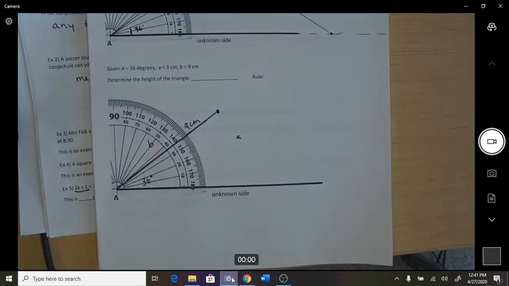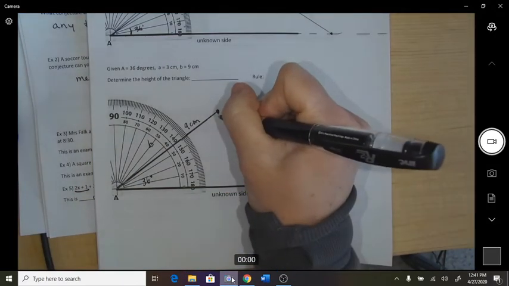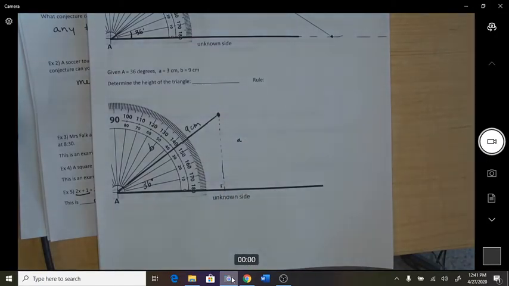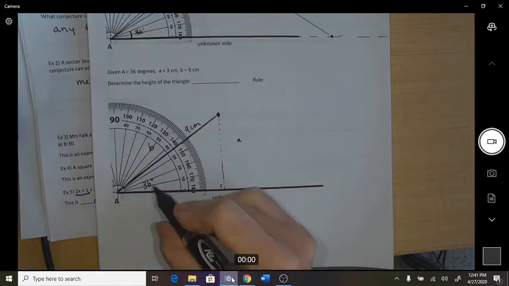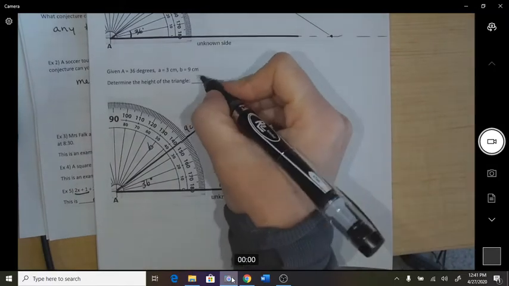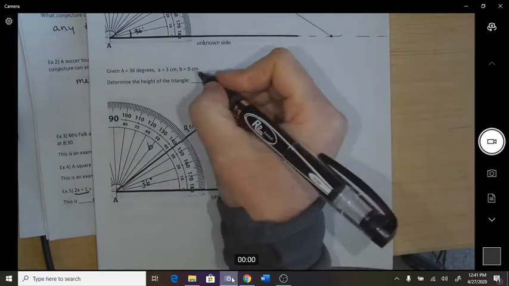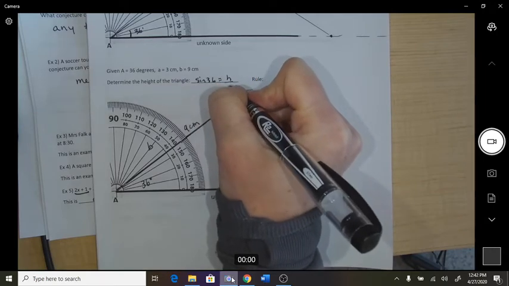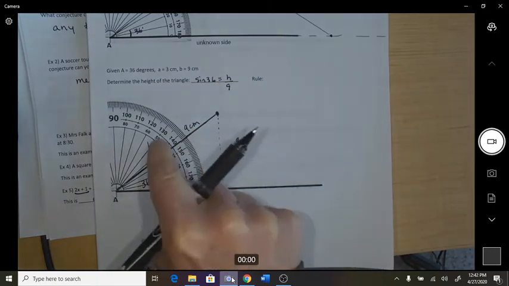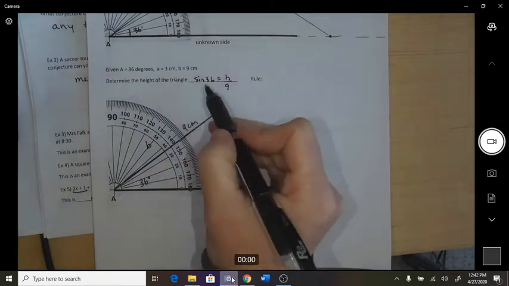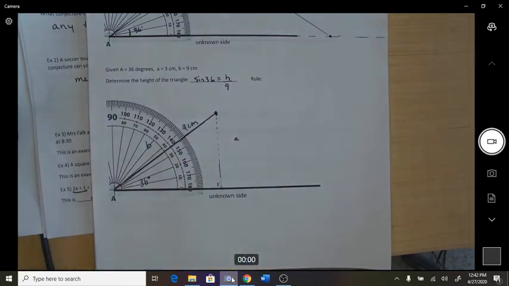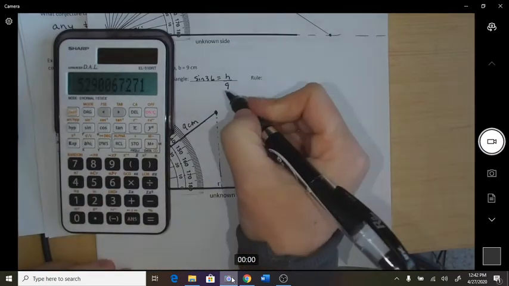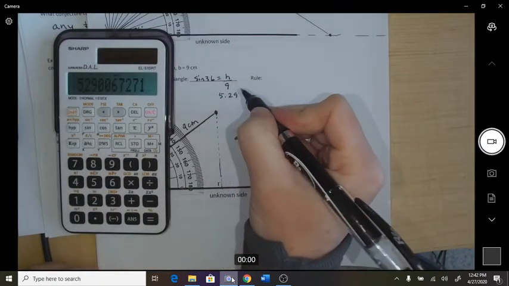Okay, it says determine the height of the triangle. So the height is perpendicular, straight up and down. Okay, so I'm going to use SOHCAHTOA. So sine of 36 equals height over 9, opposite over hypotenuse. So 9 times sine 36 equals 5.29.